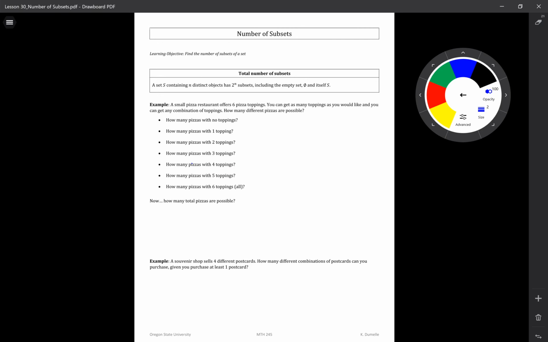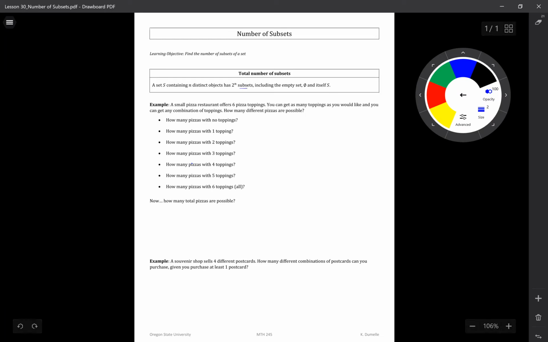We are talking about combinations this week, and today this first lesson, lesson 30, is about how to find the number of subsets in a set when we're talking about combinations. If we have a set that contains n distinct objects, it's very important that our objects are distinct here, then this set has 2 to the power of n subsets, where n is the number of objects we have.